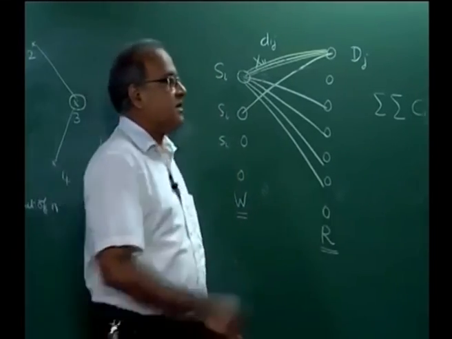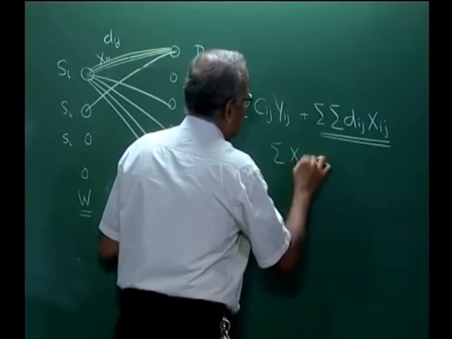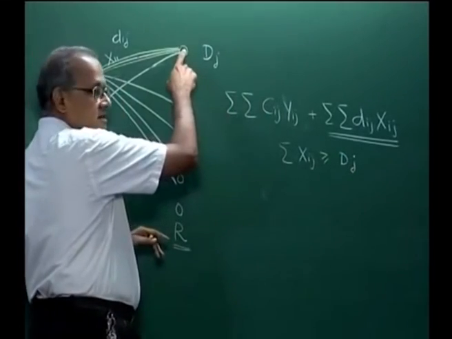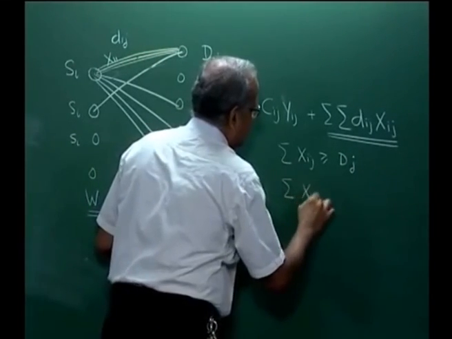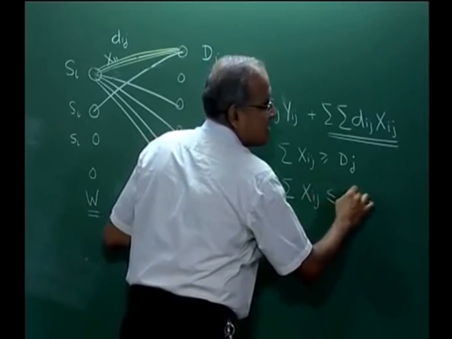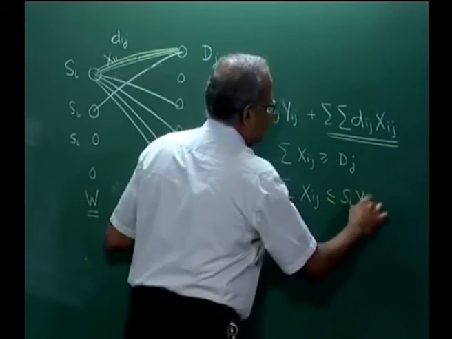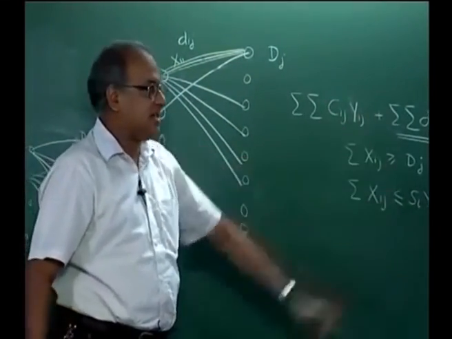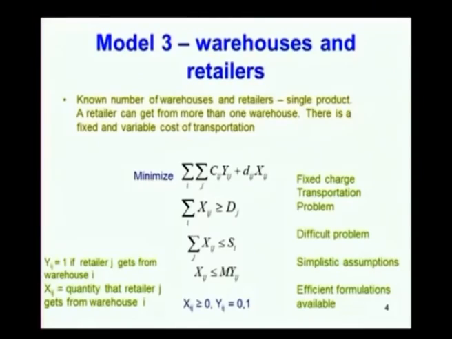So, the constraints will be that each sigma Xij is greater than or equal to Dj, whatever comes into this will meet this demand, and as far as the other one, sigma Xij is less than or equal to Si and Yij. There we have shown it as two different constraints, which is Xij less than or equal to Si, and then Xij less than or equal to M Yij.